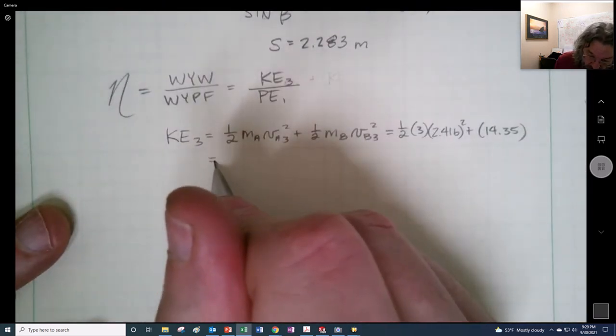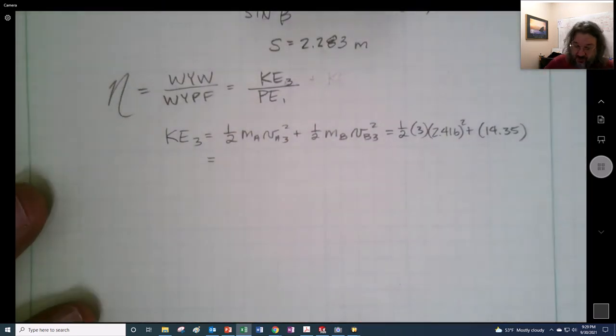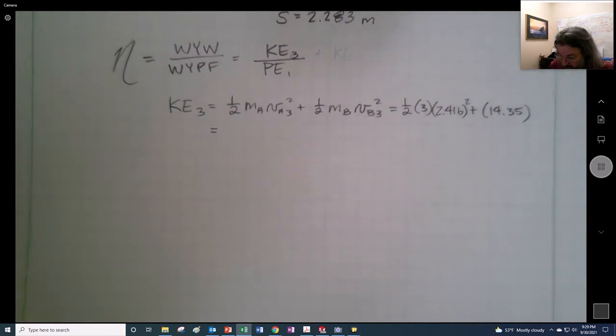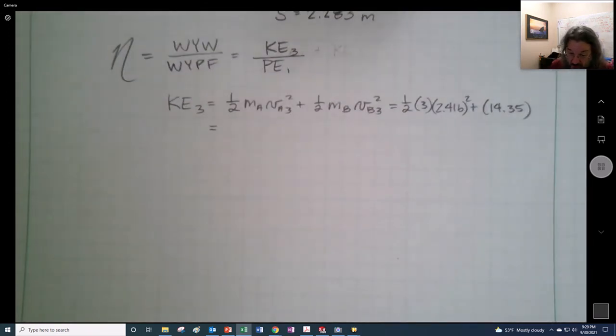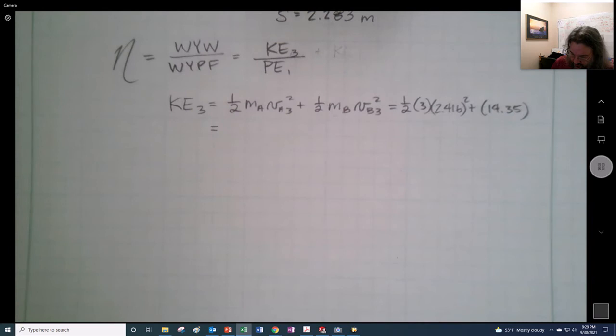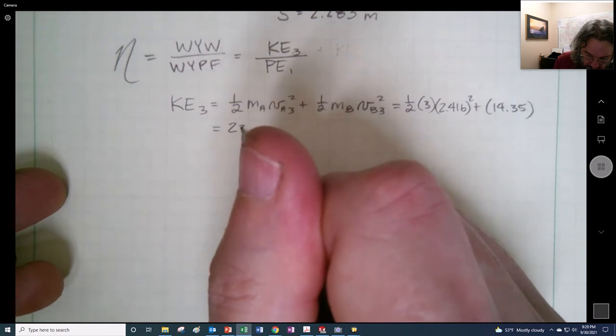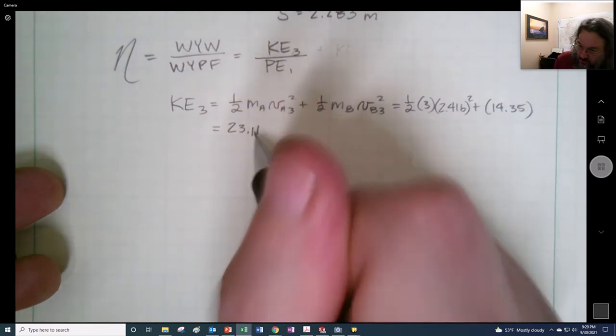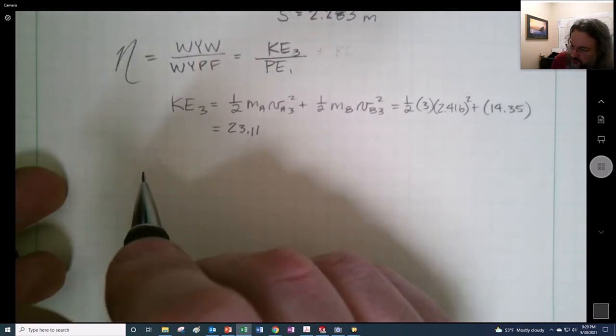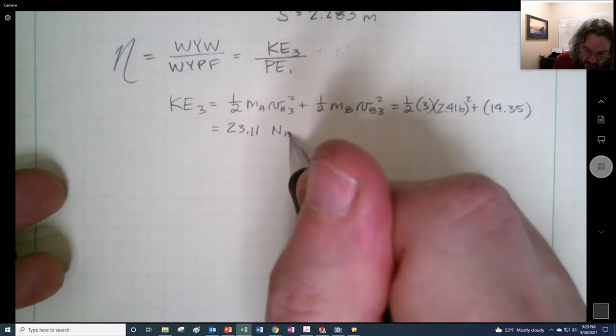And so what we find, I didn't actually calculate this, so let's calculate it out. That goes out to 8.757. That's what that equals, and 14.35. Add them together. So we have 23.11 Newton meters.